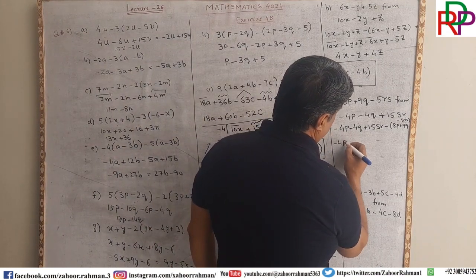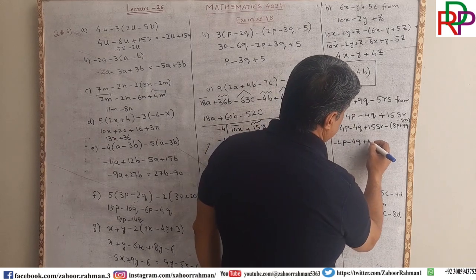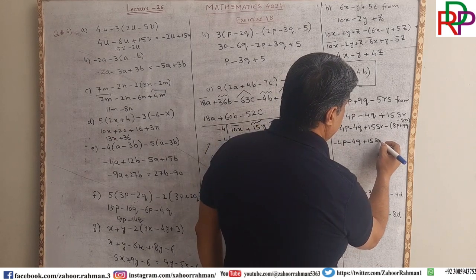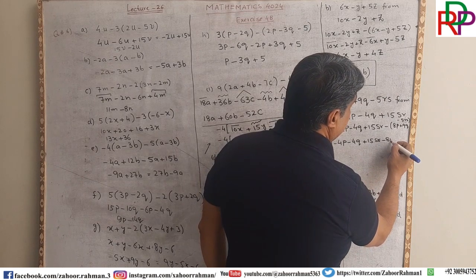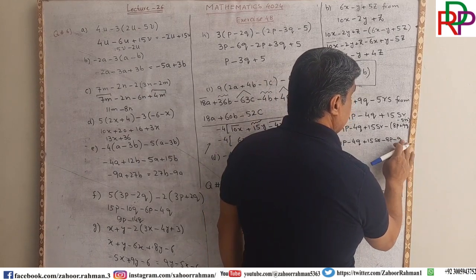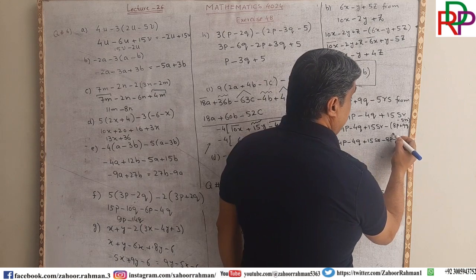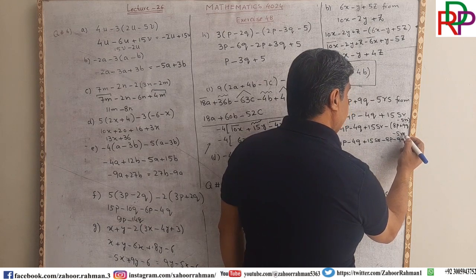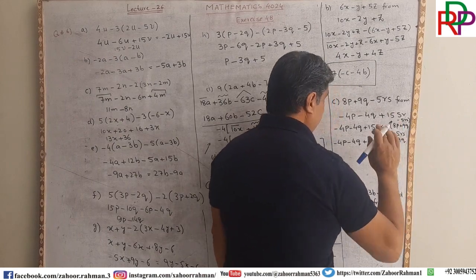SR or RS, then it is absolutely correct. Minus 4p minus 4q plus 15SR. Now I am changing the sign. Minus 8p minus 9q and minus 5RS.